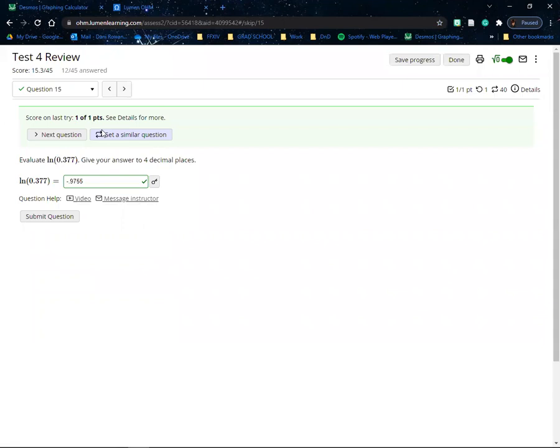Just put it in your calculator. Desmos works. It's all good. And this worked because the inside of this was not negative, right? If the inside was negative, what would the answer be? Oh, D&E. Yeah, it'd just be D&E.